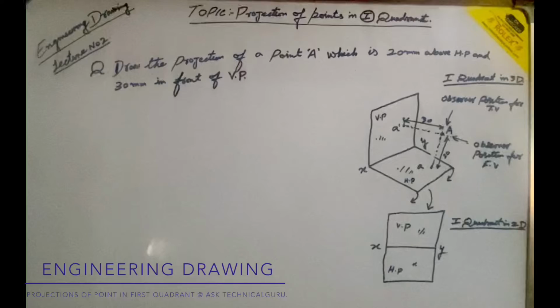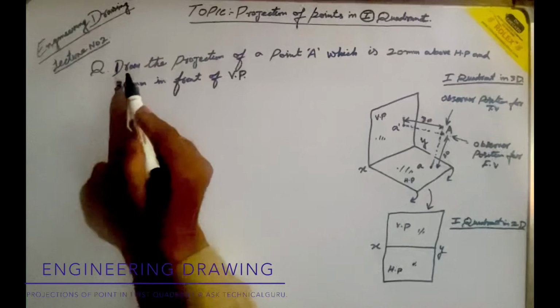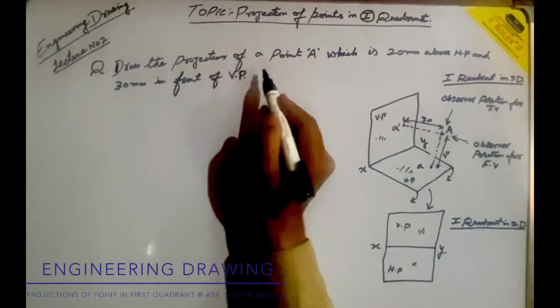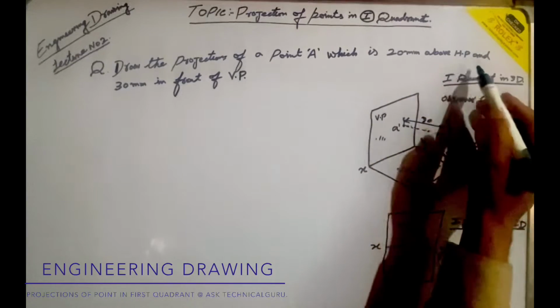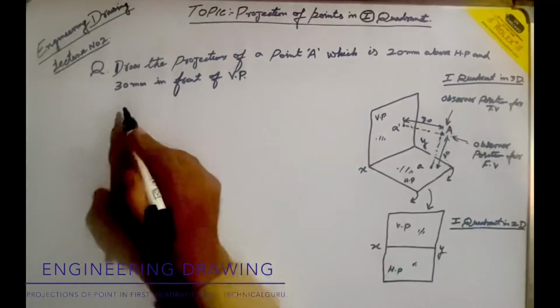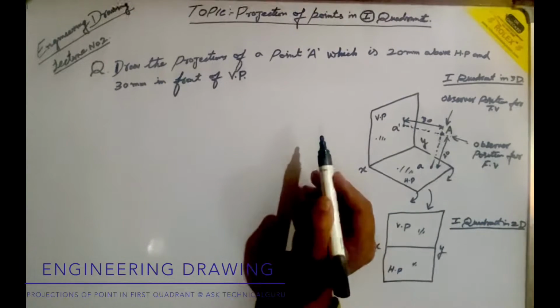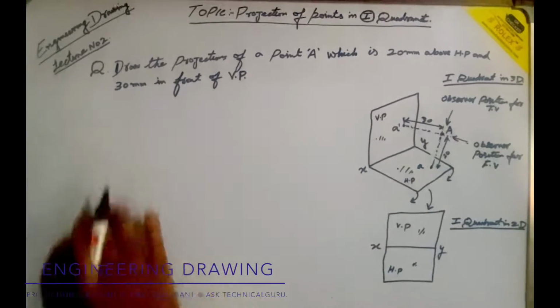According to the question, draw the projections of a point A which is 20 mm above the horizontal plane, HP, and 30 mm in front of the vertical plane. We have to draw its orthographic projections, meaning in two-dimensional view.